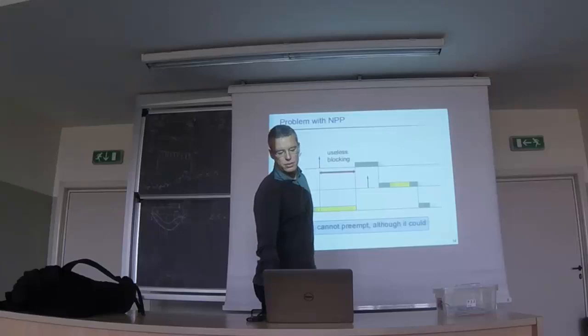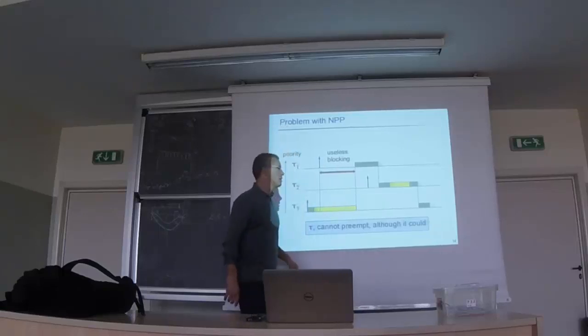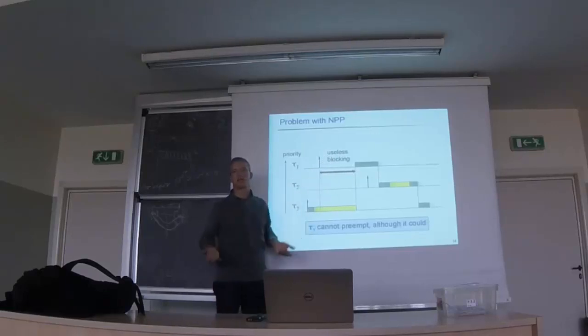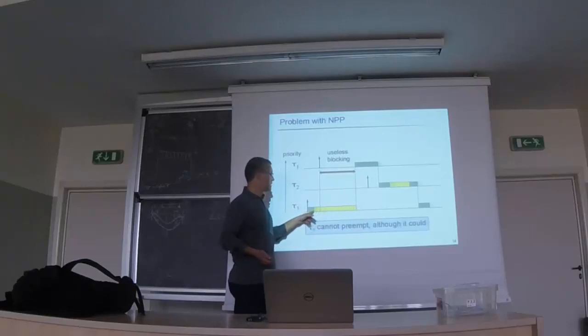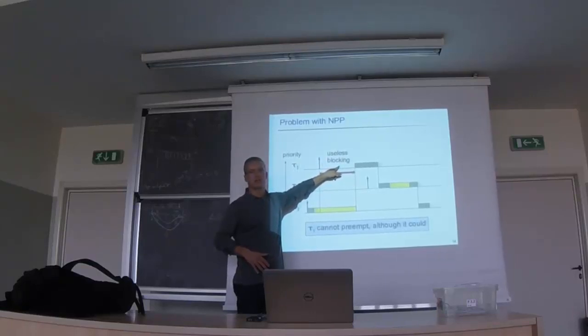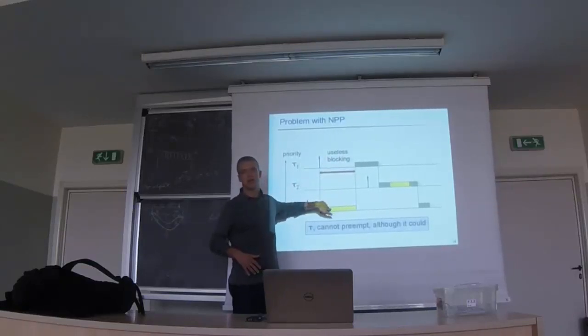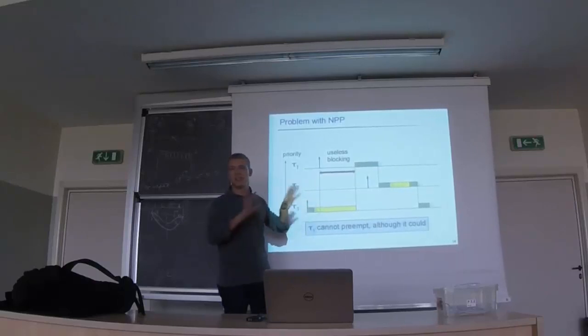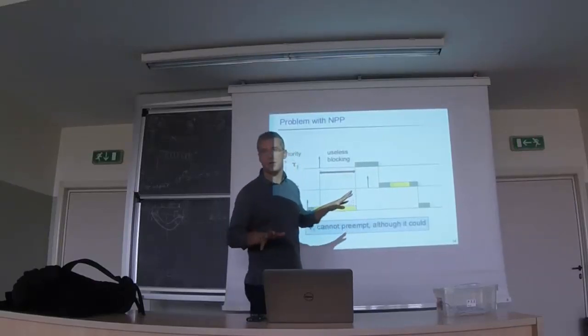But we imply blocking even for tasks that do not access any resource. Non-preemptive protocol means every time one task accesses a shared resource, I artificially increase its priority to the top. This causes a useless blocking to tasks that are not in need of accessing any shared resource. This is a summary of the things that we saw last time.